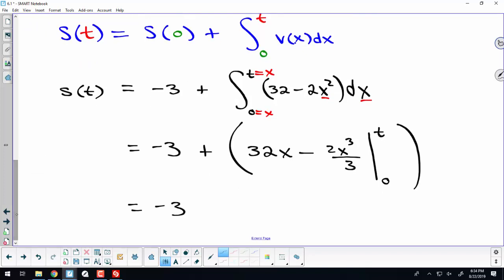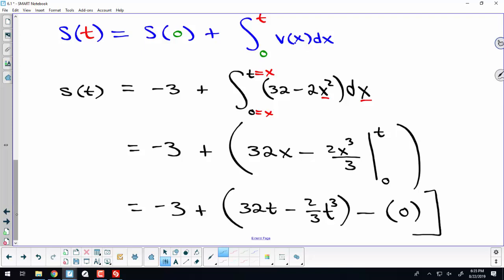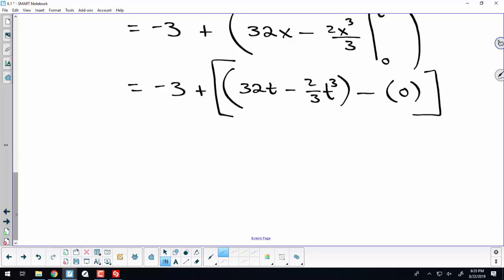So we have -3 plus, and I'll write this out again. According to the fundamental theorem, we have 32t minus 2/3 t cubed. There's our antiderivative at the upper limit, minus the antiderivative at the lower limit. So that's the same as the above result.